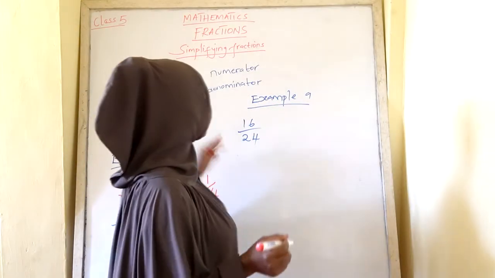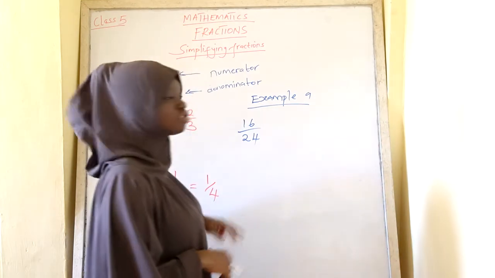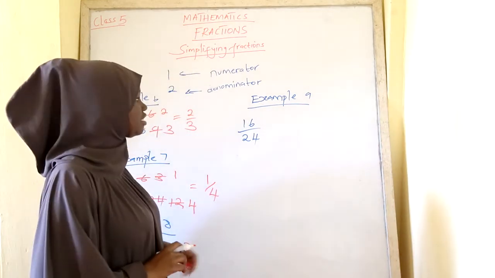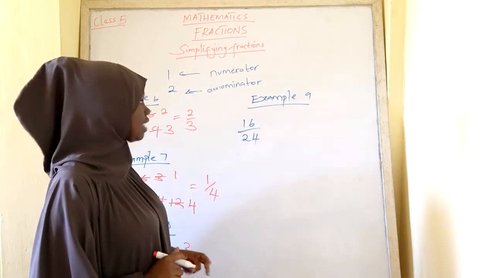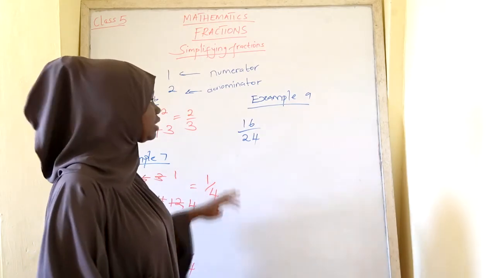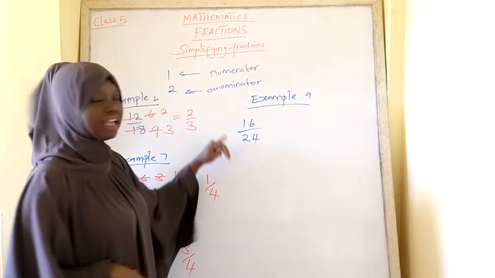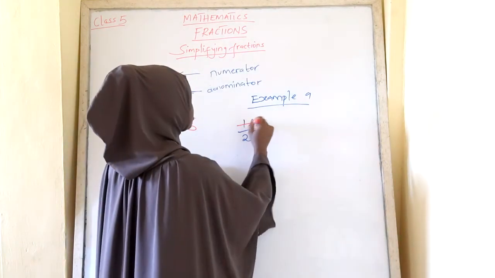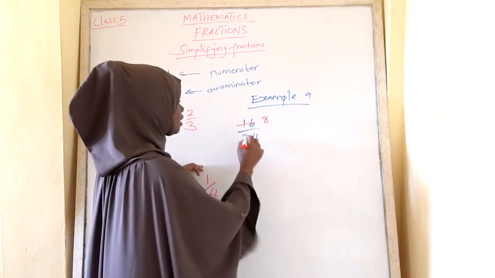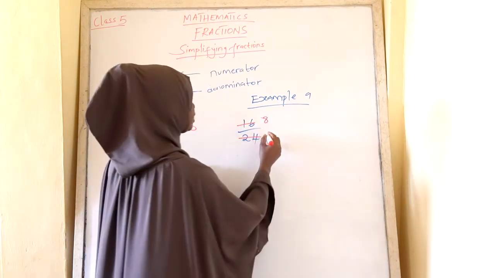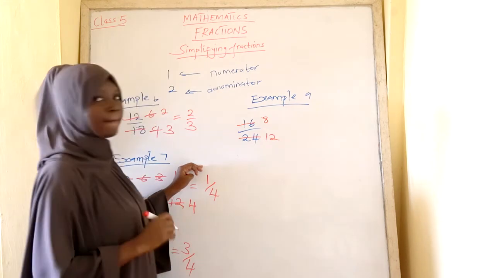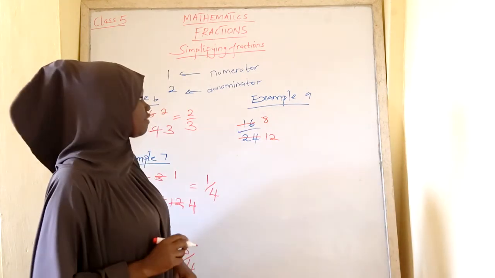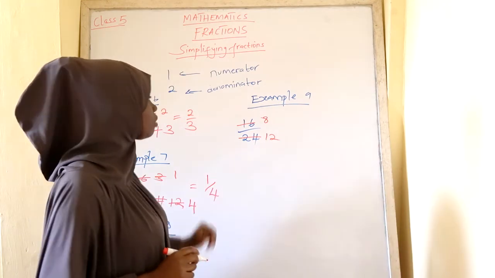So the fraction is 16 out of 24. We are going to look at the common divisor that can divide both the numerator and the denominator. So we are starting with number 2. 2 can divide the numerator and the denominator. So let us divide. 16 by 2 will get 8, and 24 by 2 will get 12. So 8 over 12, we can divide it further. There is also another common divisor.